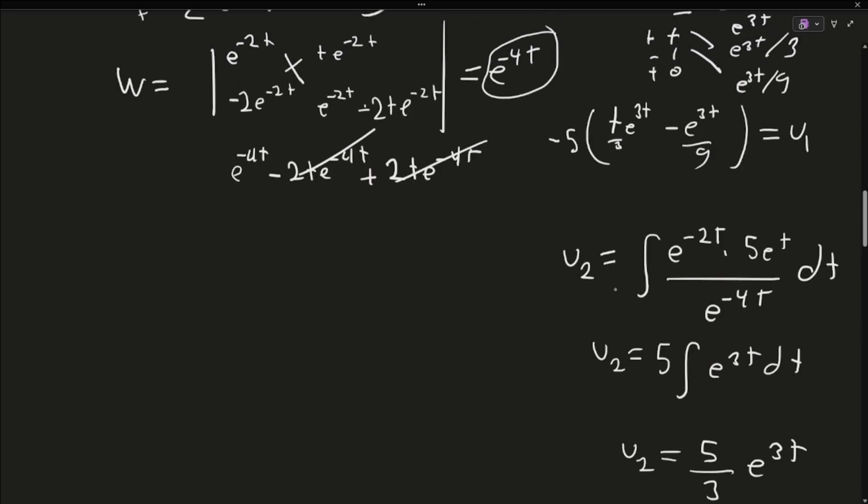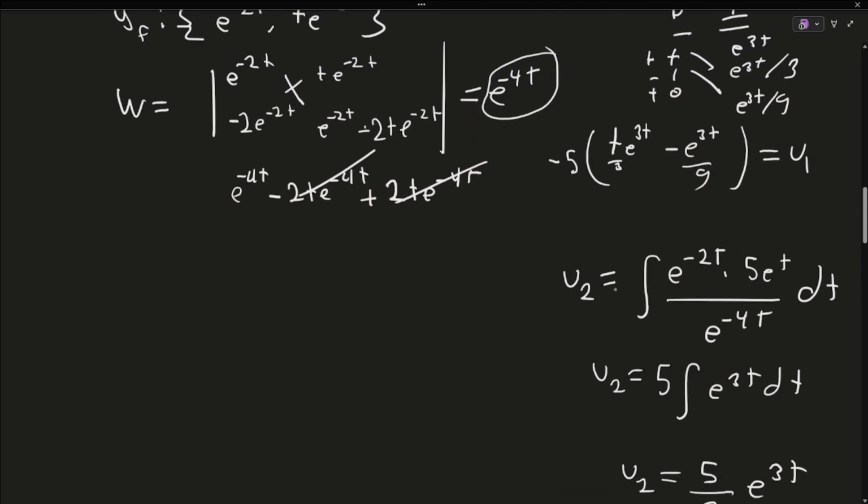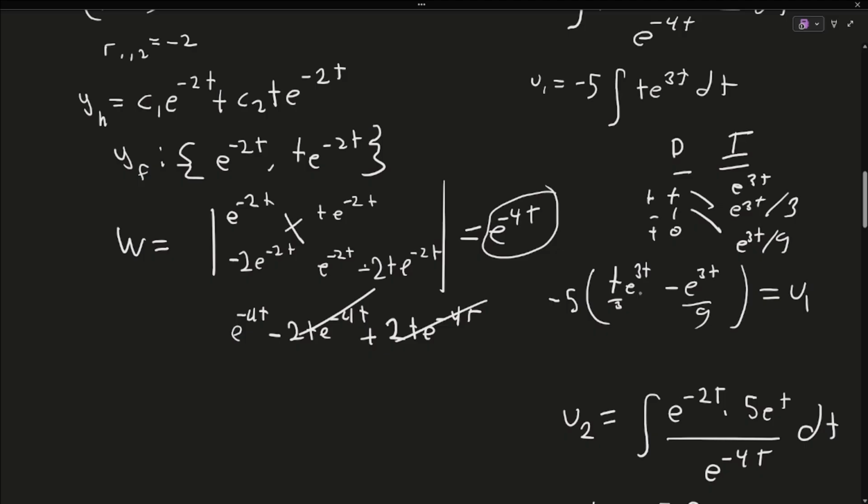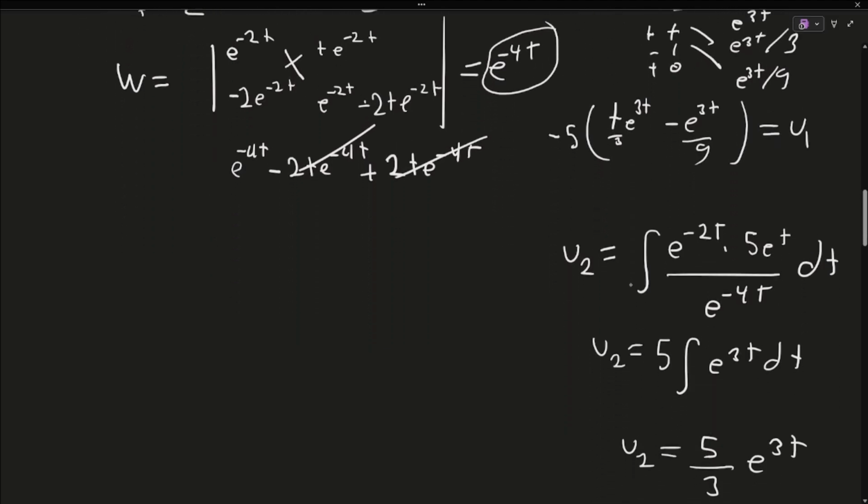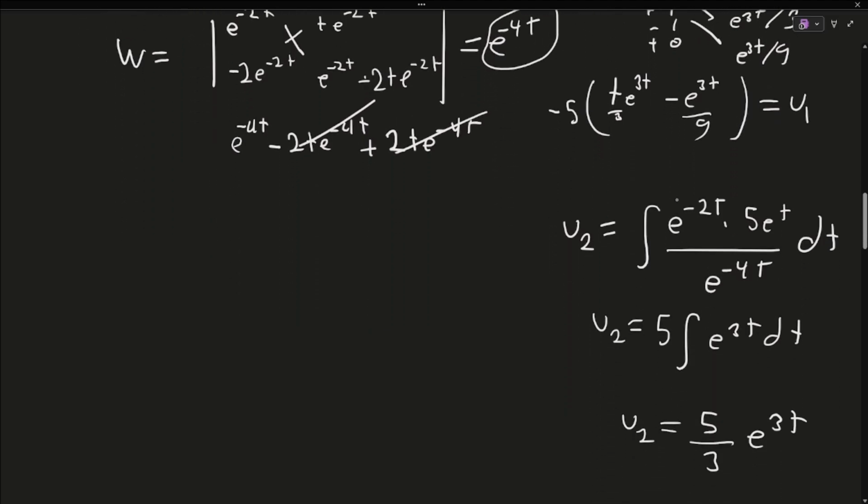So if we want to solve for the y particular, basically what we need to do is gather u1 and u2 and multiply those respectively with y1 and y2. So for this guy, I want to first distribute this -5 inside, so u1 is going to be -5 over 3 t e to the 3t plus 5 over 9 e to the 3t.